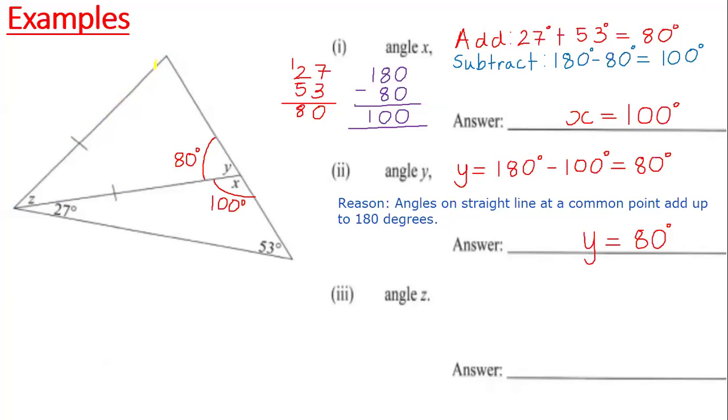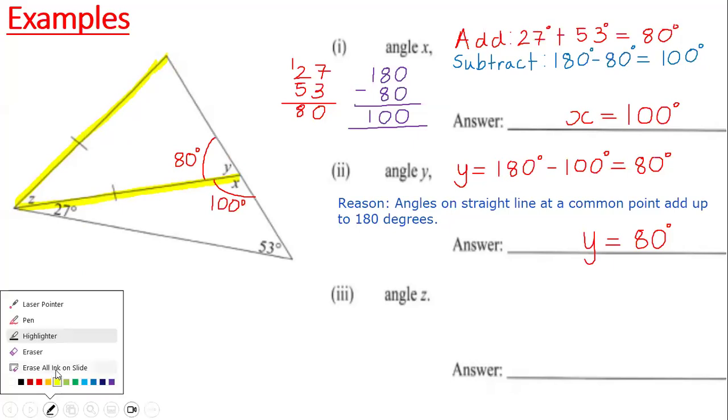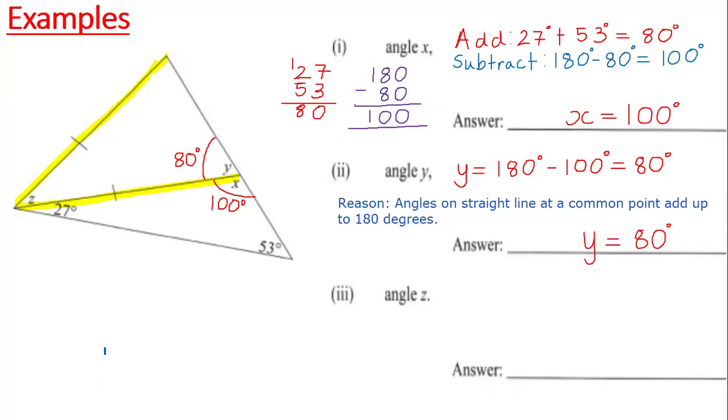We are looking at an isosceles triangle, which means that this side and this side are equal. But more than that, since we're looking at an isosceles triangle, we know that the base angles, which is this angle and also this angle, must be what?